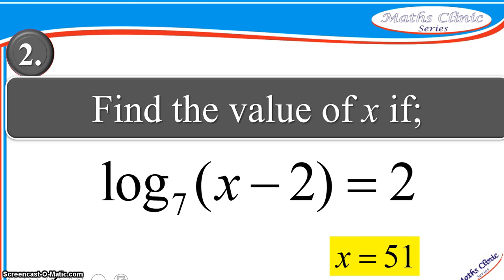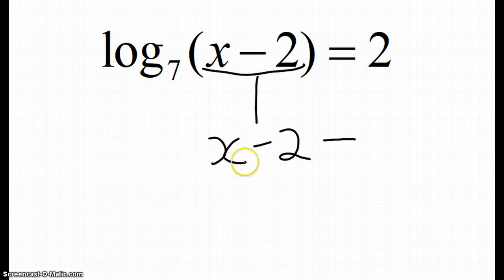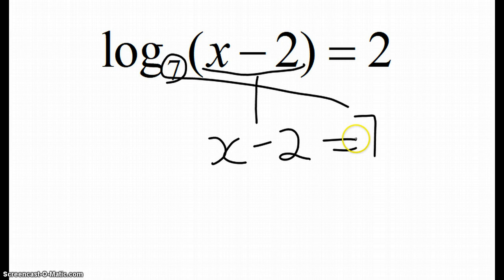I'm sure you had x is equal to 51. Good. And this is how you will do it. By using the definition of logarithm, this will come as a number, x minus 2, and then the base will move to become base 7 with an exponent of 2.